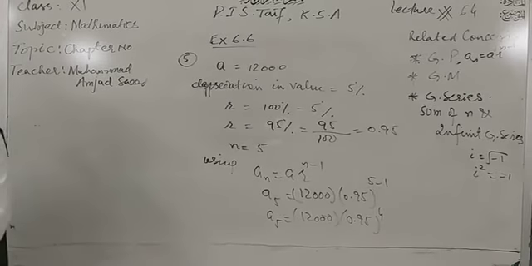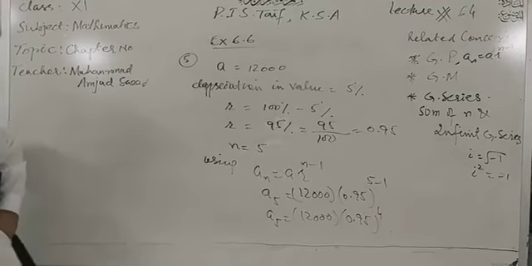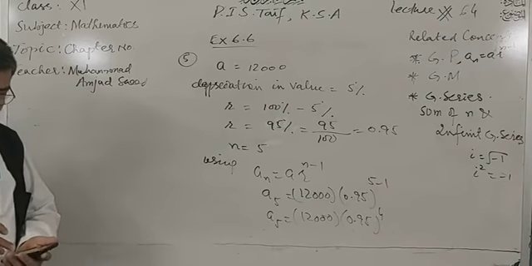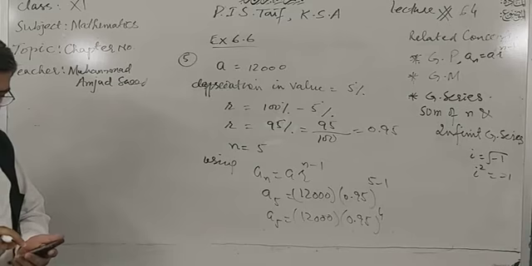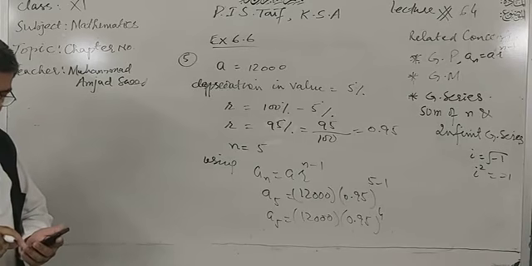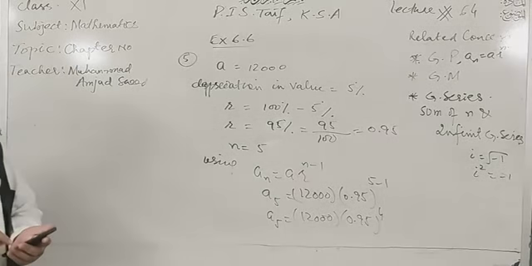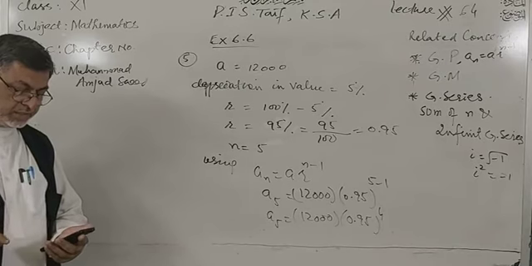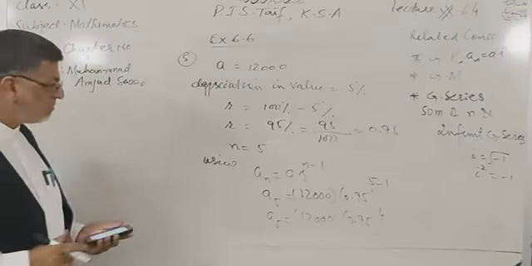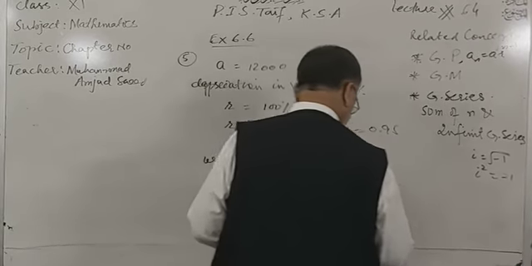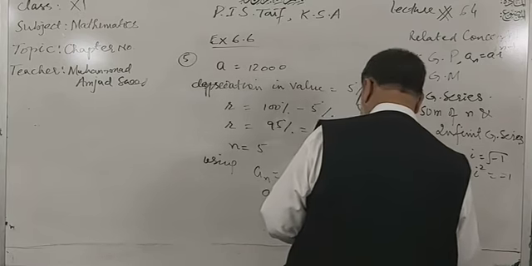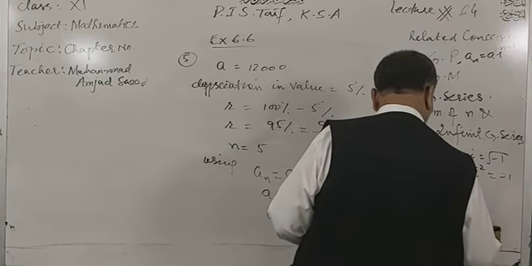If you simplify 0.95 power 4, yes, it will be 12,000 into 0.8145.